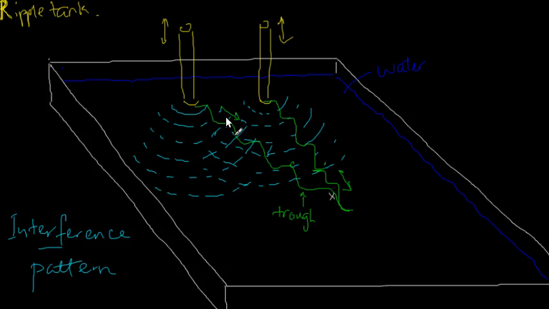So we have the same number of wavelengths from both rods. Therefore, the peak from one rod will always meet the peak from the other rod. Likewise, the trough from one rod always meets the trough from the other rod, because it's symmetrical. It's the same distance. Now let me think of another point, which is not at the same distance from the two rods.